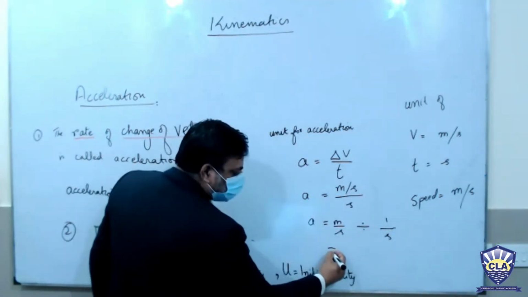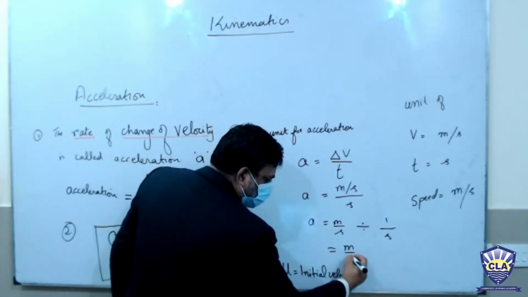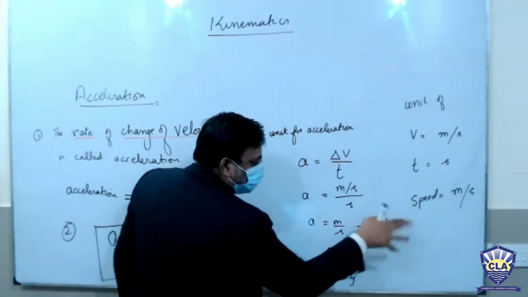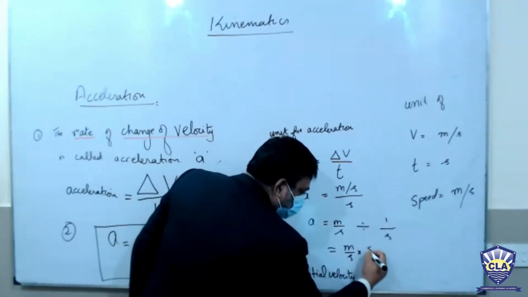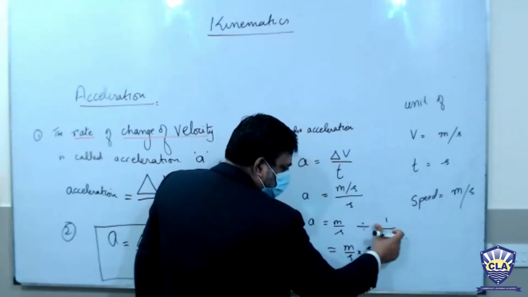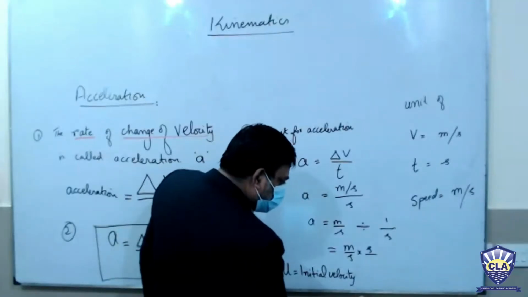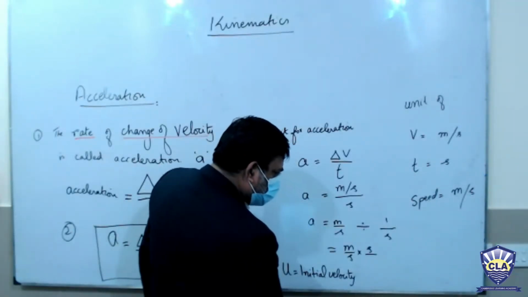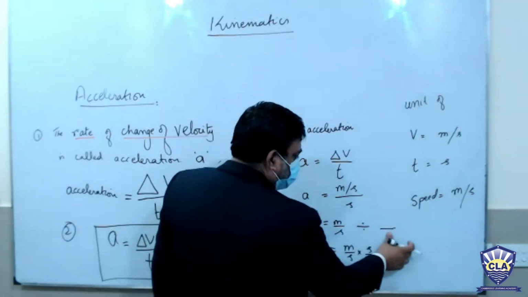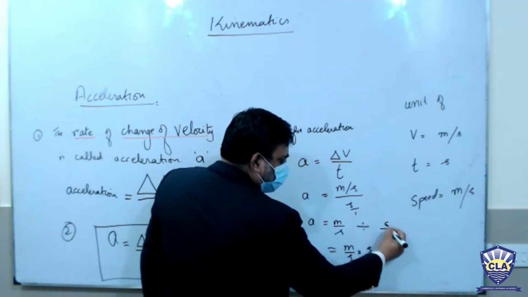Now, when we change the sign of division into multiplication, this will be inverted. It will become s over 1. It is not 1, it is over 1. So just s over 1.